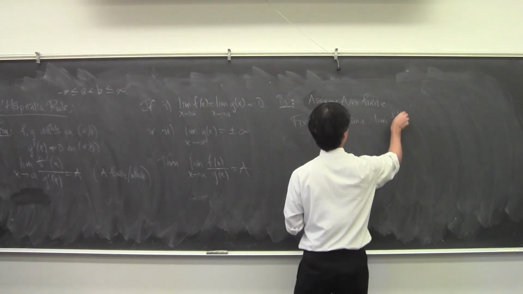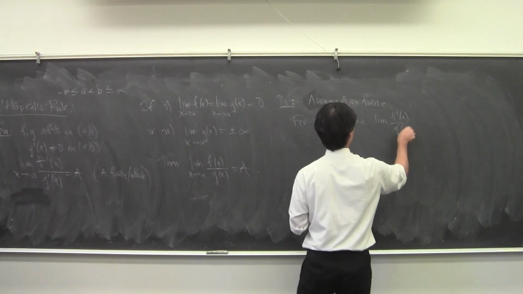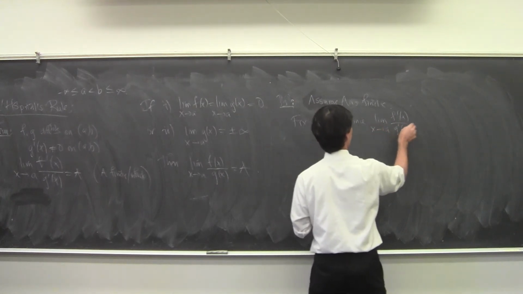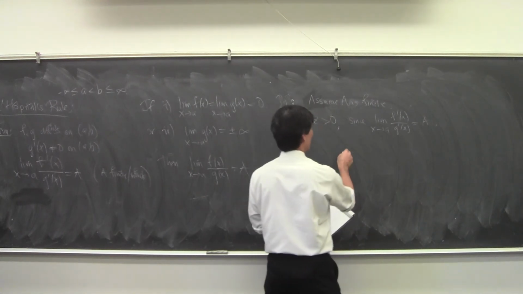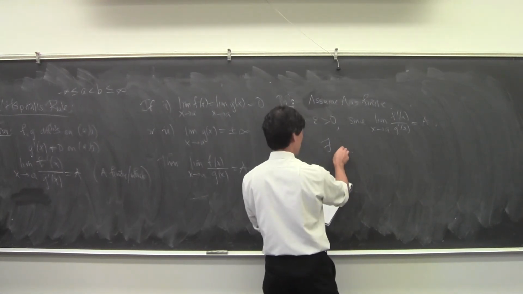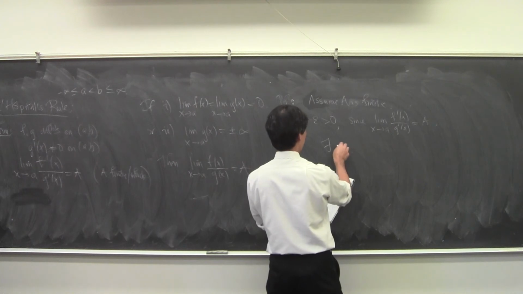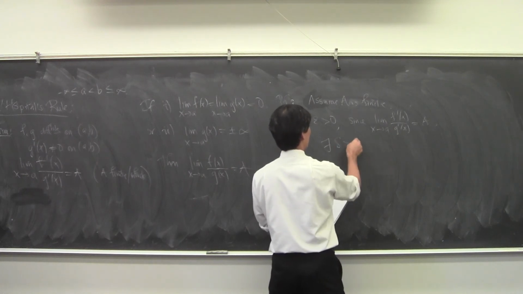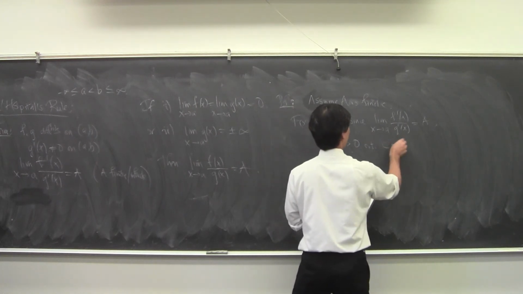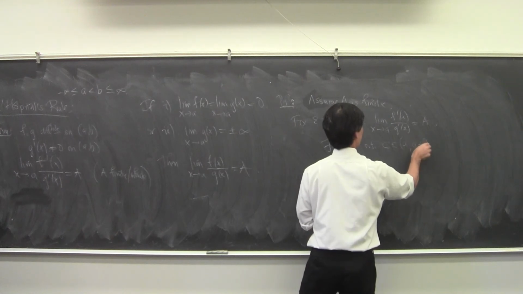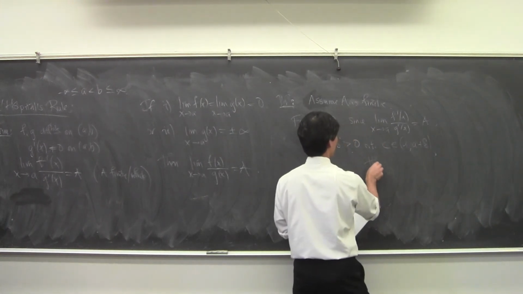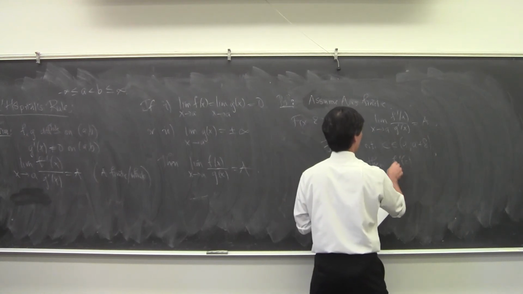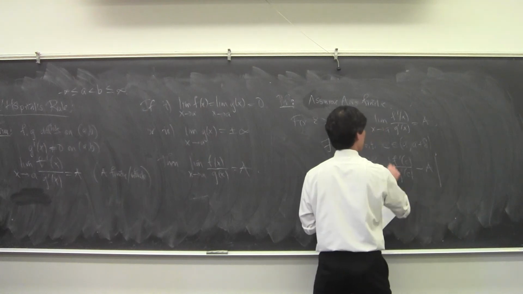Since the limit of the quotients of the derivatives equals a, we know there exists a neighborhood such that if we're in that neighborhood, a plus delta, then f prime c over g prime c minus a is small.